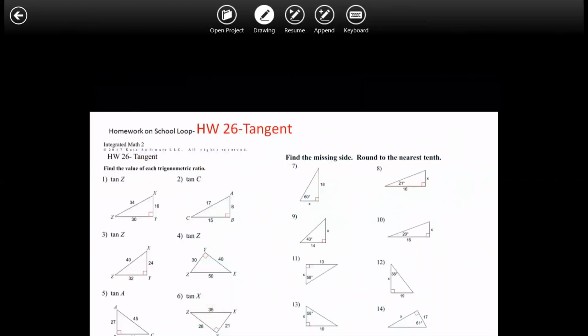Copy, paste, print, whatever way you can get it. Or copy it down: copy down the 6 problems, and then copy down the 4 more that you need.